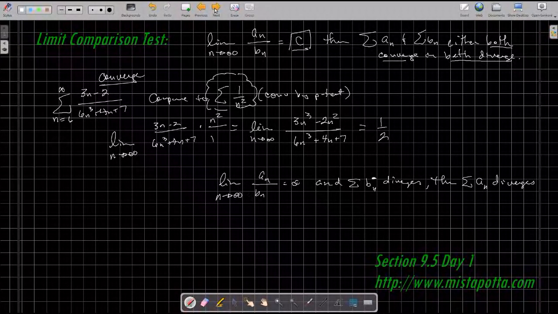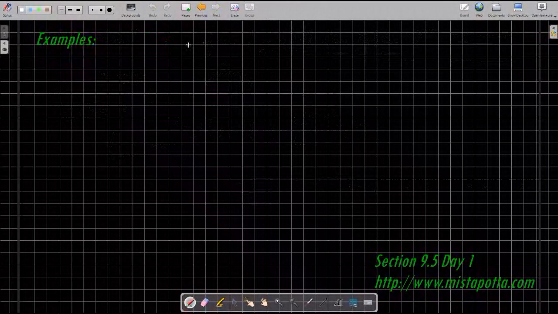So I want to go through some examples here. So let's take a look at the sum of n goes from 1 to infinity of 3n over 4n squared plus 5n. So I'm looking at this, and I'm not looking at it from the polynomial standpoint. I'm merely looking at the degrees.